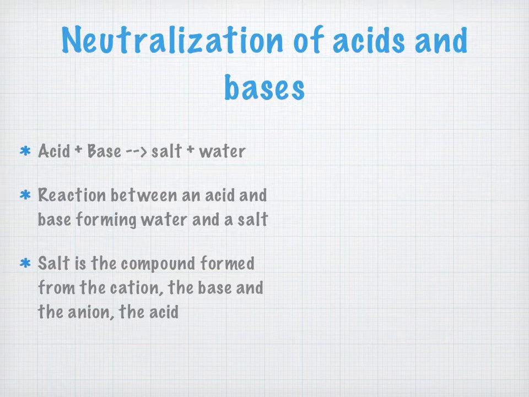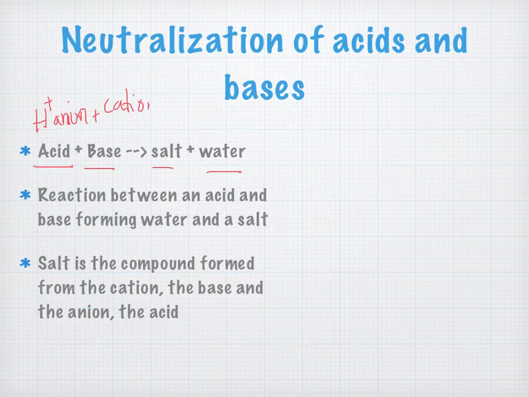Neutralizations of acids and bases. So that's where we have an acid and a base. Gives me a salt and a water. So my acid is basically anything which has an H plus and an anion. Plus a cation and an OH.